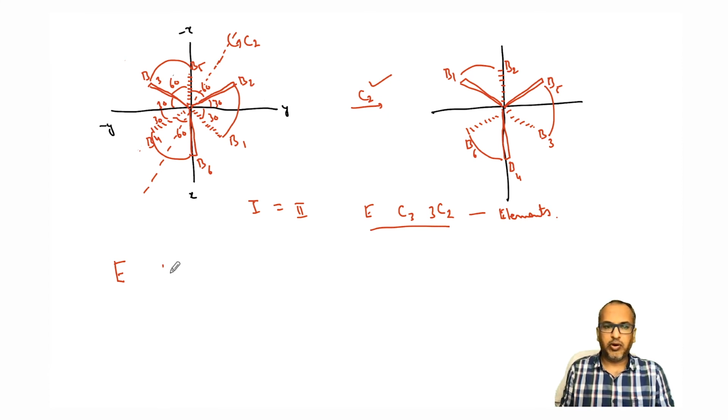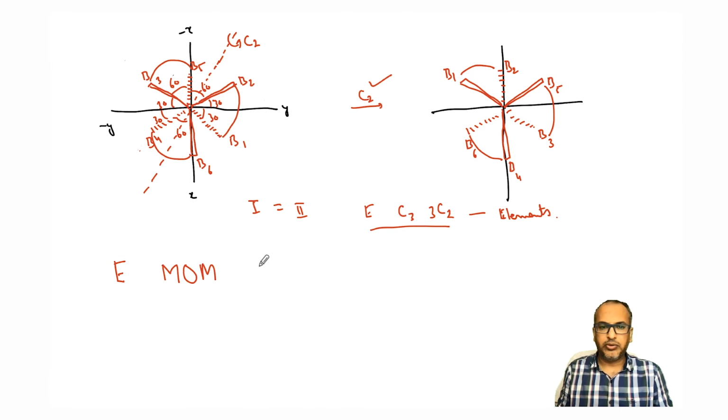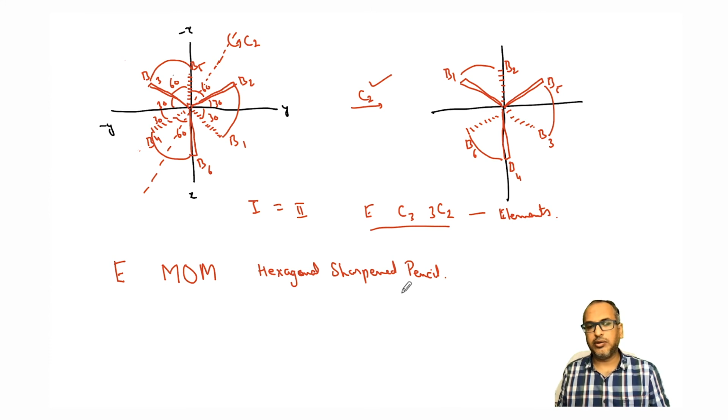Try to find out for the word mom, okay, what symmetry elements are present. It's a 2D picture, let's say. Try to see, for example, a hexagonal sharpened pencil. Okay, try to see what symmetry elements and operations are present.